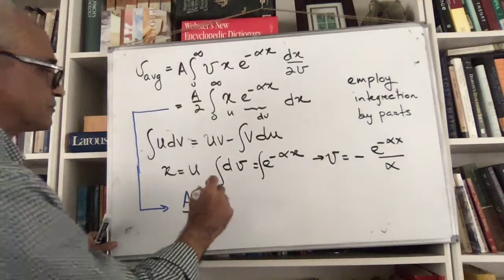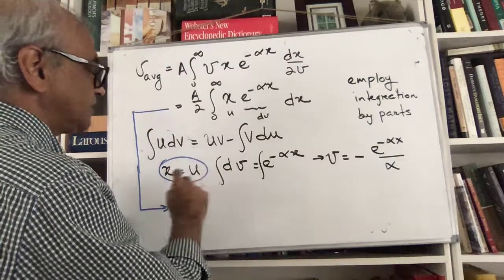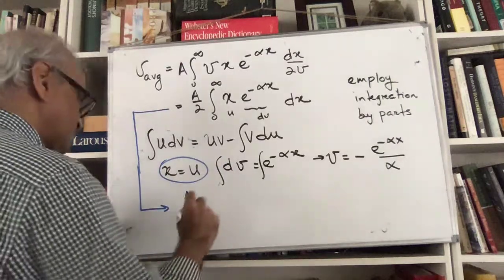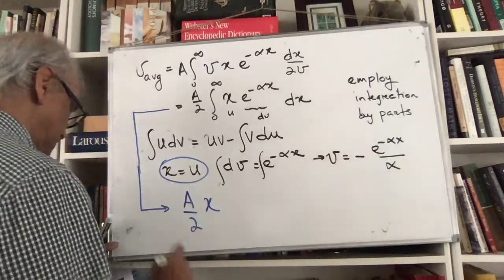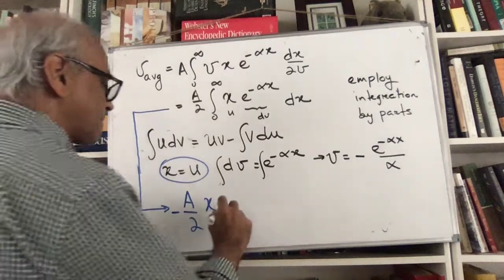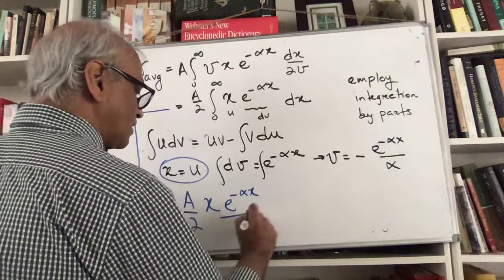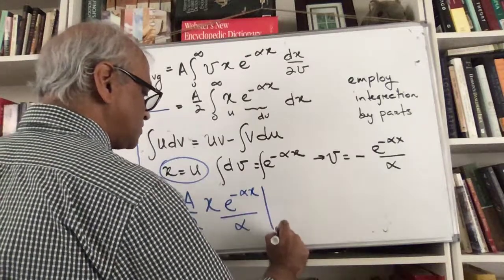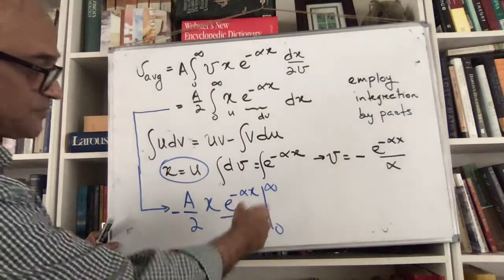And then you have u, which is x, so I keep x. And this is a negative, so let me get this negative out here: e to the power minus alpha x over alpha, and I go from 0 to infinity.